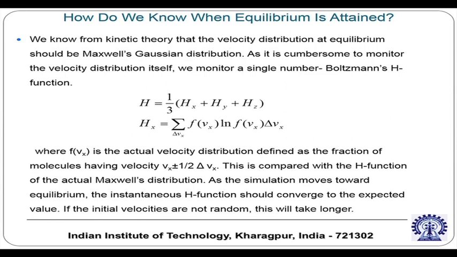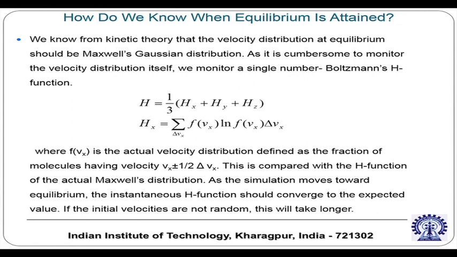We know from kinetic theory that the velocity distribution at equilibrium should be Maxwell's Gaussian distribution. As it is cumbersome to monitor the velocity distribution, we monitor a single number, Boltzmann's H function. This is from statistical mechanics, where f(vx) is the actual velocity distribution, defined as the fraction of molecules having velocity vx plus or minus half delta vx.